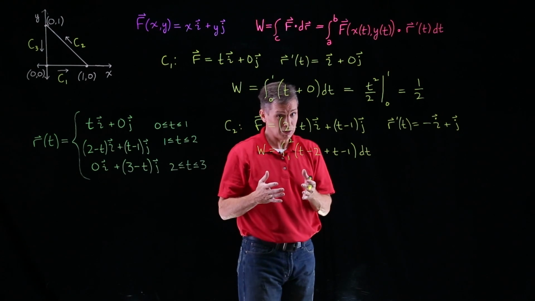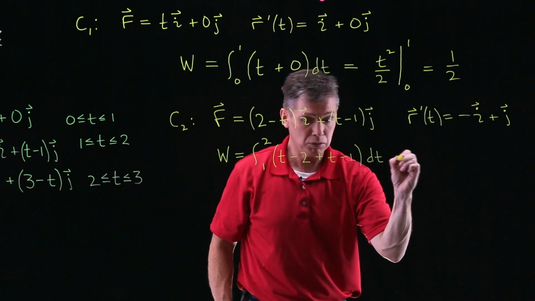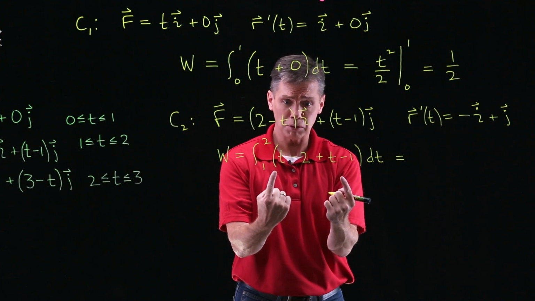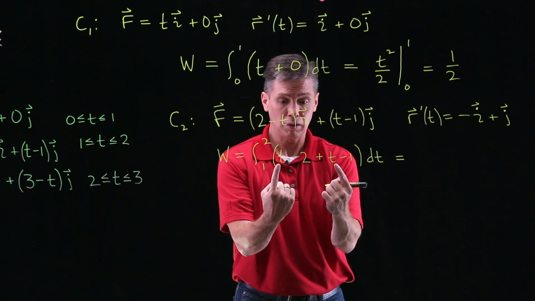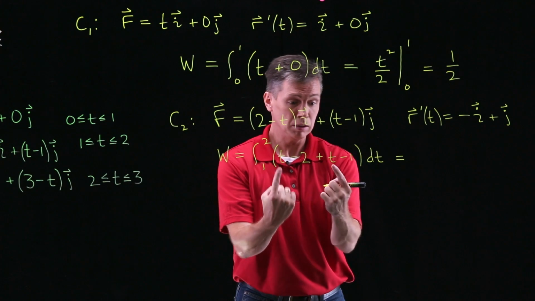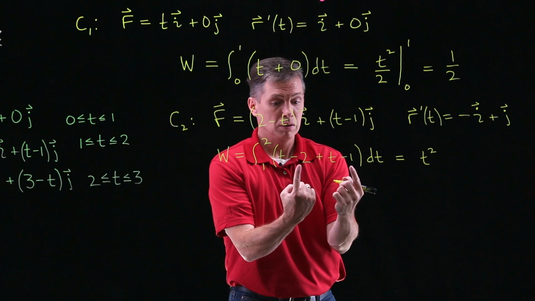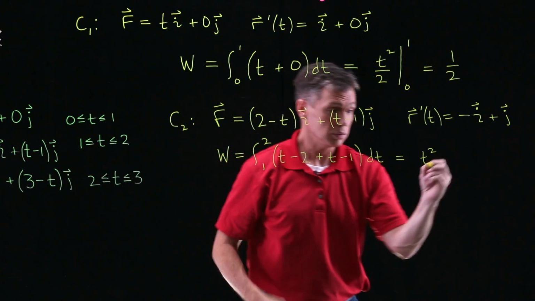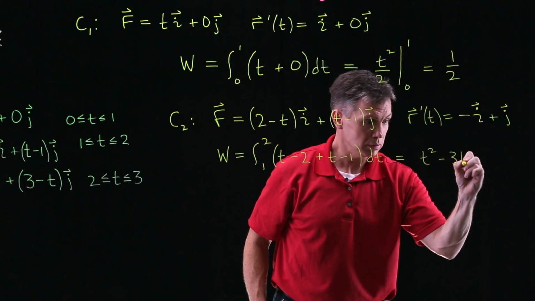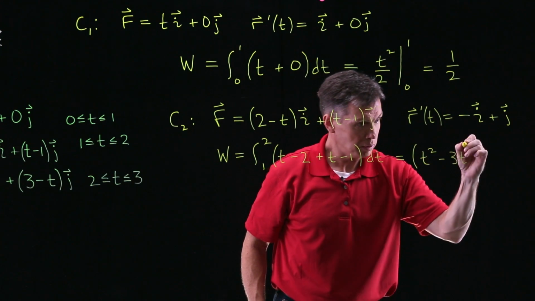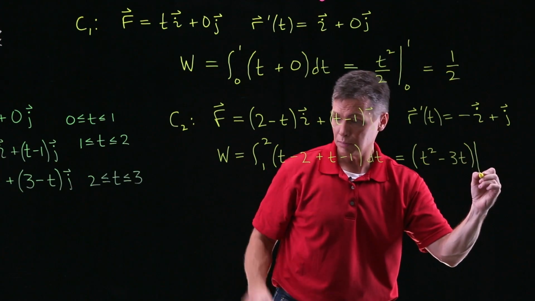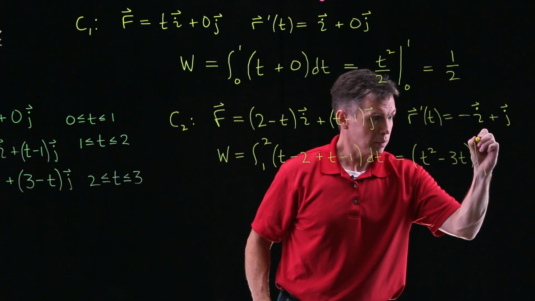Let's see, I think I could go ahead and try to integrate this, because I'll do some combining of like terms in my head. That's looking like a t plus t, which is 2t. When I integrate that, I'll get t squared. These like terms are minus 3, so minus 3t. And I'm integrating from 1 to 2.